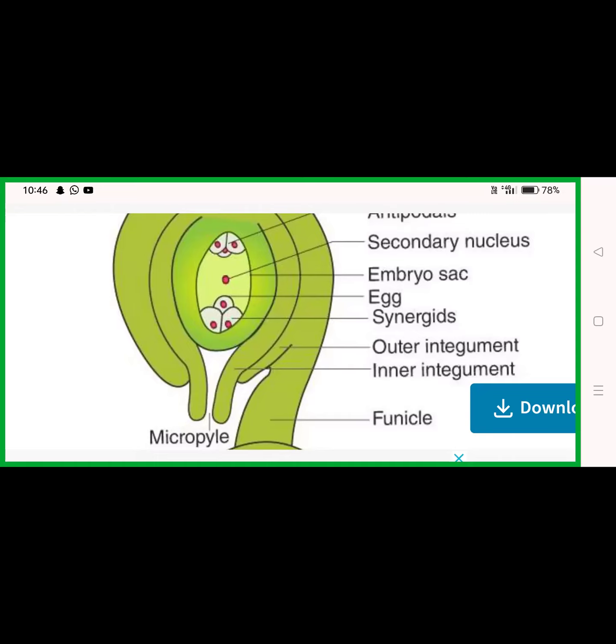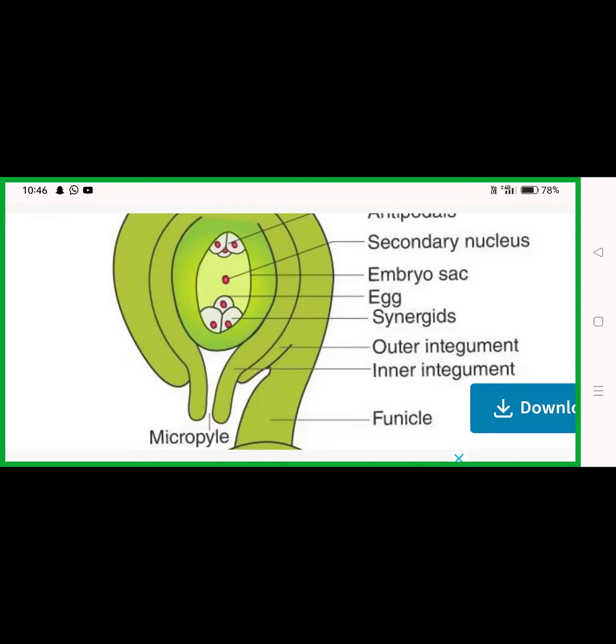A somatic cell of the nucellus is formed as a diploid egg. An example for apospory is Hieracium.